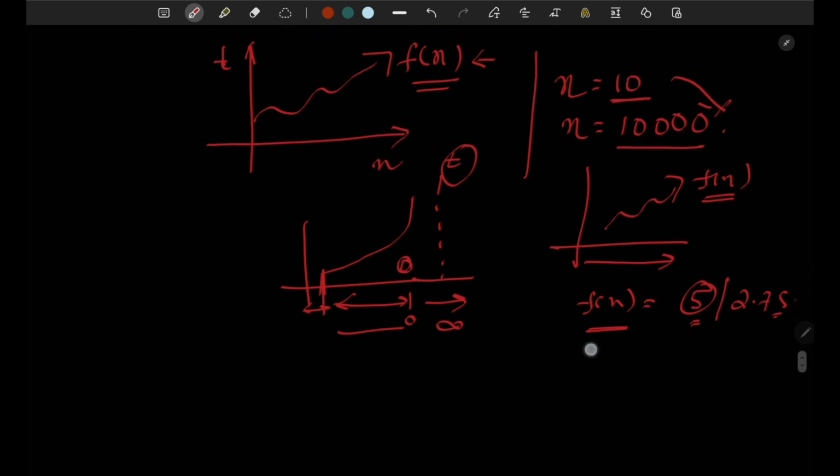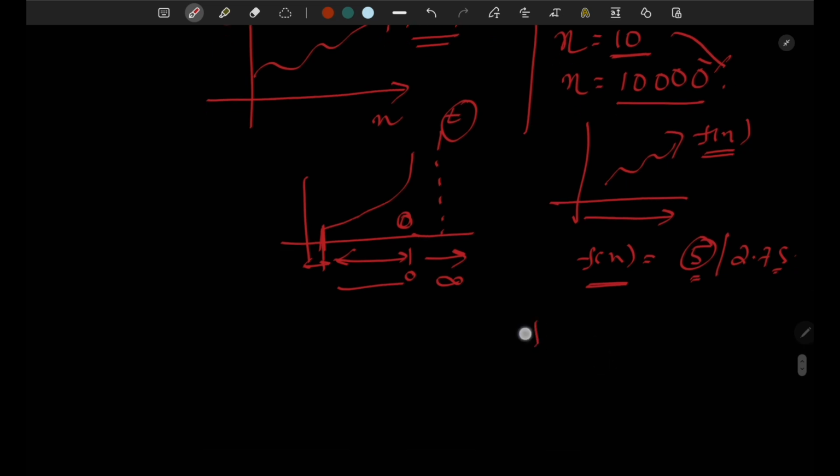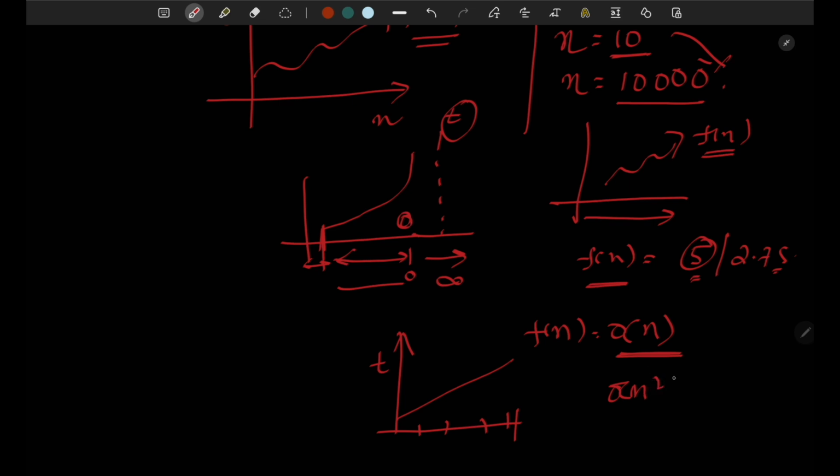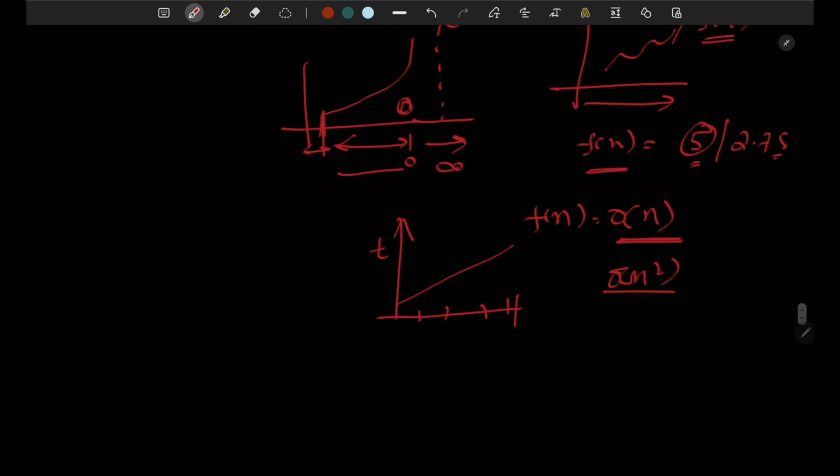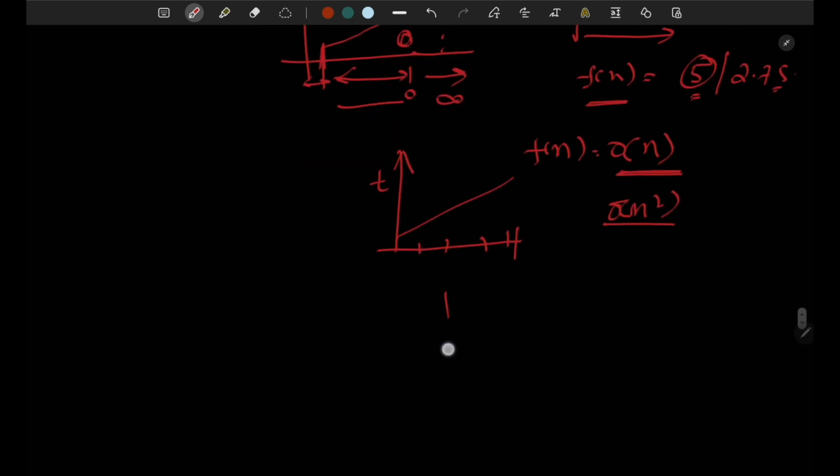What it is going to hint is, let's say when we say f of n is big O of n, then we can be sure that it's going to increase linearly with the increase in the input size, and the increase in the time it takes is going to be linear. When we say that it's big O of n square, then you can imagine the quadratic function graph, which is going to look something like this, right?